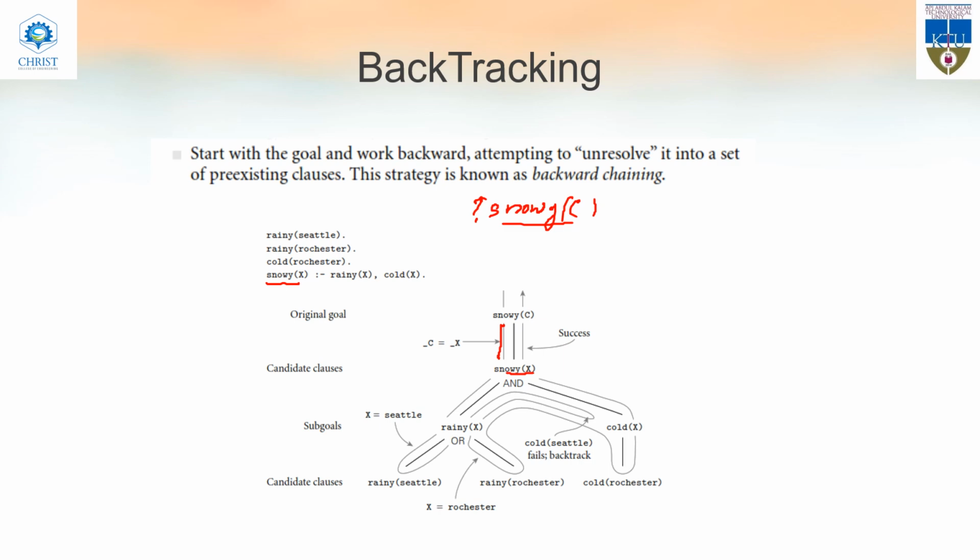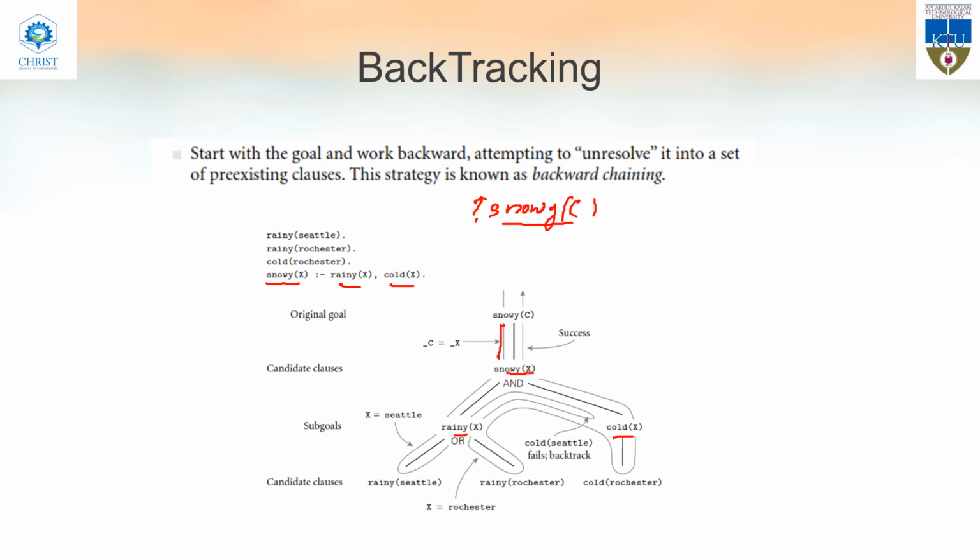What does snowy of X mean? Snowy of X means it should be rainy of X and also cold of X. So it has two parts. The first one is rainy of X. The second one is cold of X.